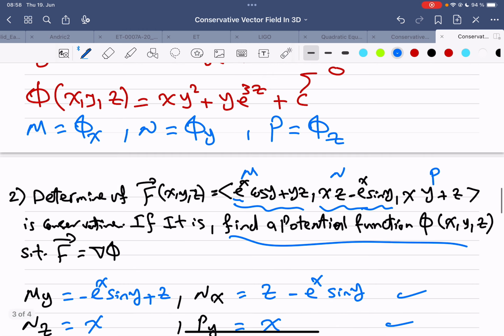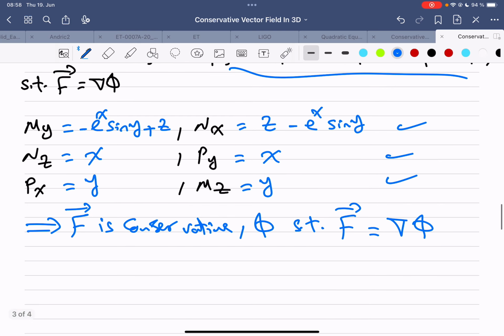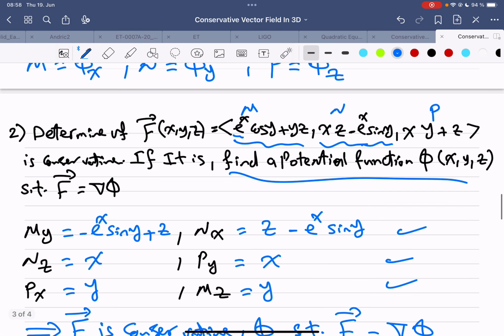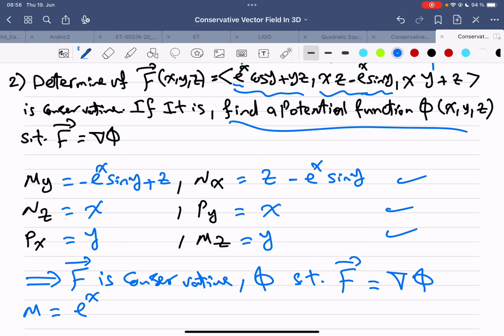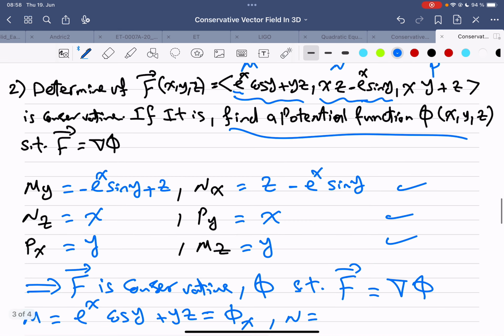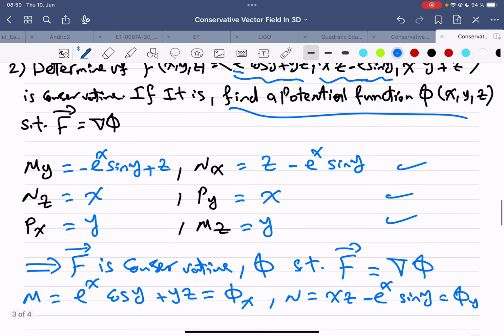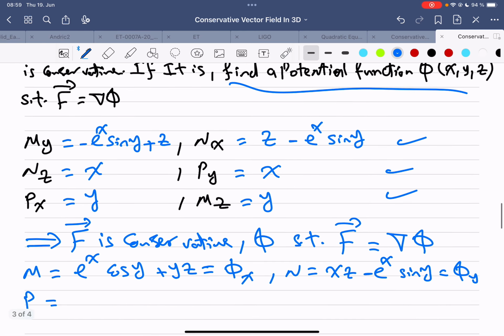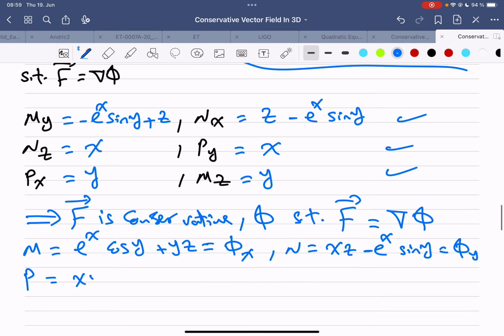So here m, which equals e to the power x cosine y plus y z, equals phi x, n, which equals x z minus e to the power x sine y, equals phi y, and b, which equals x y plus z, is phi z.